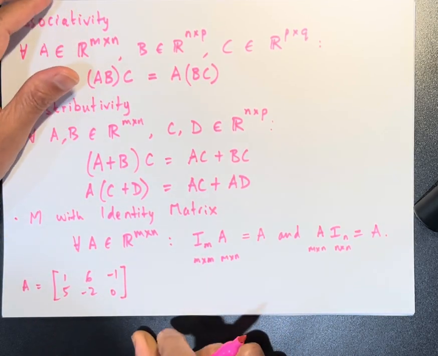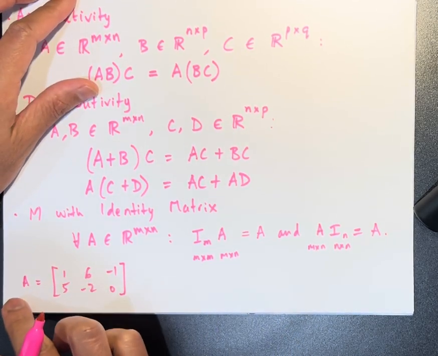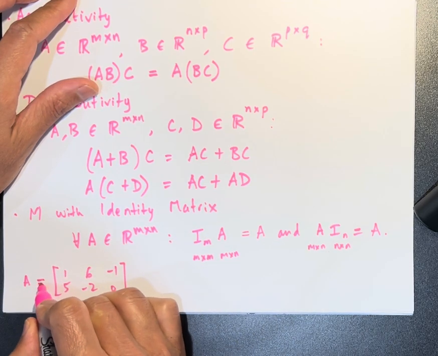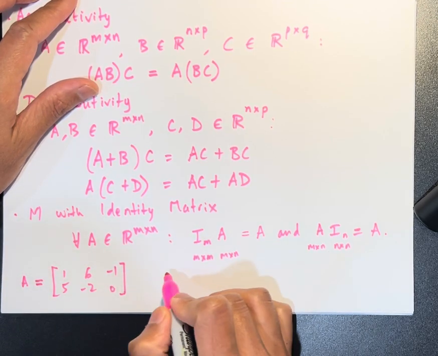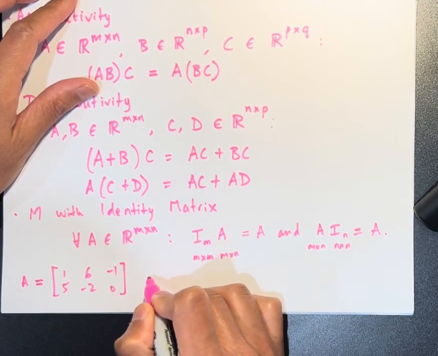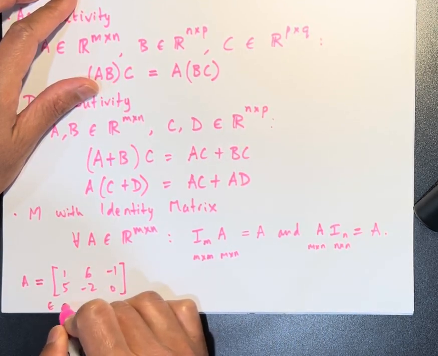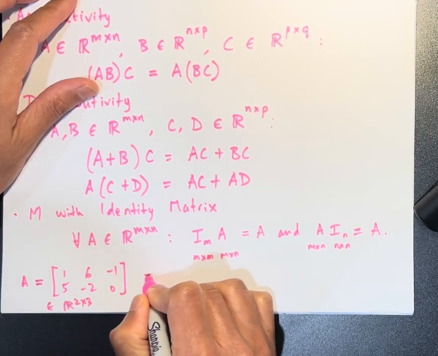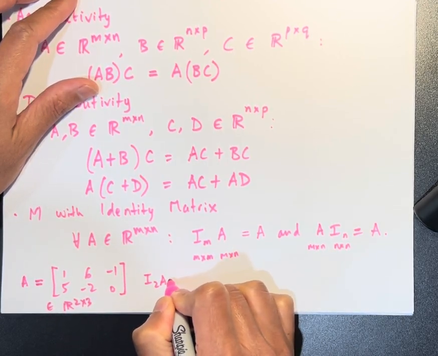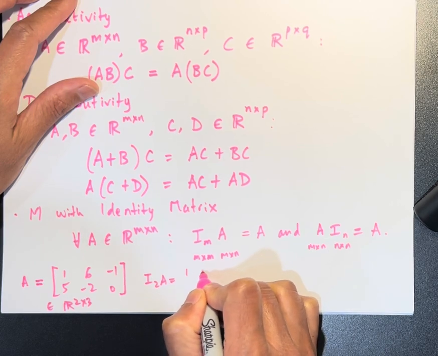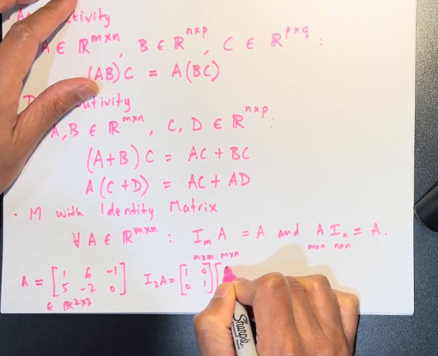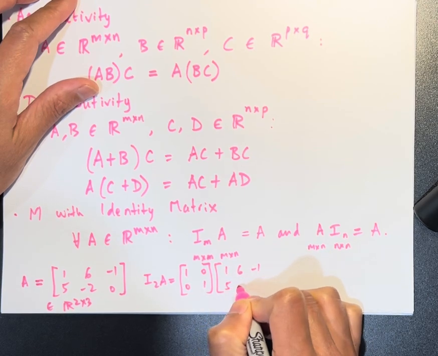Some random numbers here. Now if I multiply this matrix on the left hand side with an identity matrix, the identity matrix has to be 2 by 2. So this is basically an element in R 2 by 3. For left multiplication, I need to do I2 times A, which is nothing but 1, 0, 0, 1 times 1, 6, minus 1, 5, minus 2, 0.